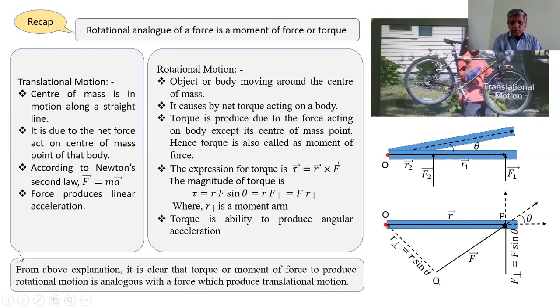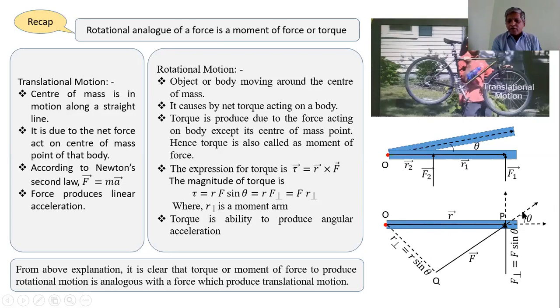This can be explained by using this formula. In standard 11, we take the expression for torque, in vector form, torque is equal to vector r cross vector F, where vector r is the position vector at which we apply the force from the axis of rotation, and vector F is the applied force.